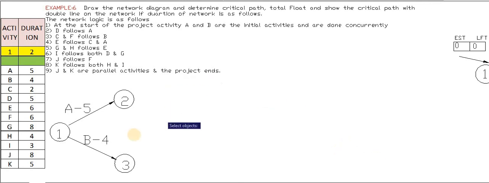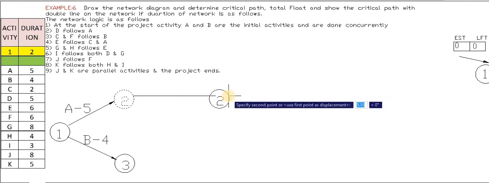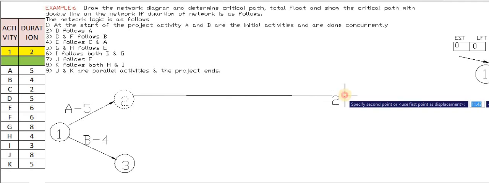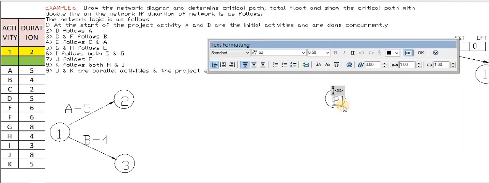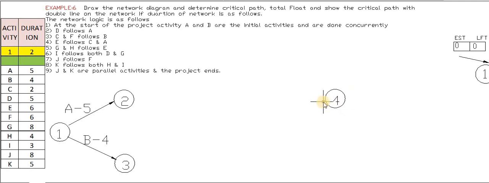We will copy this and provide it here in the same line, or somewhat further along, and give these numbers up to 4 because the serial number is 4, and we will draw the arrow here.